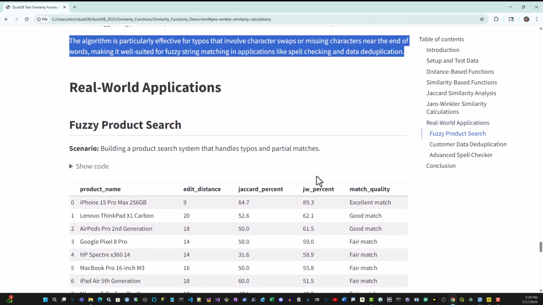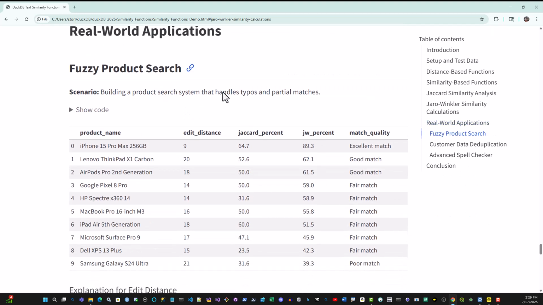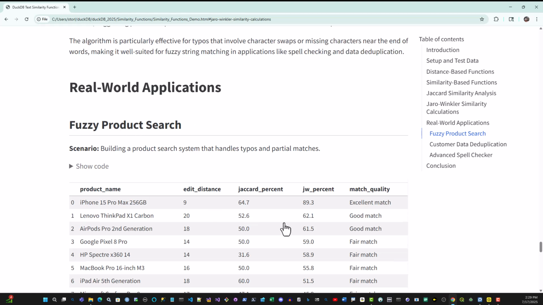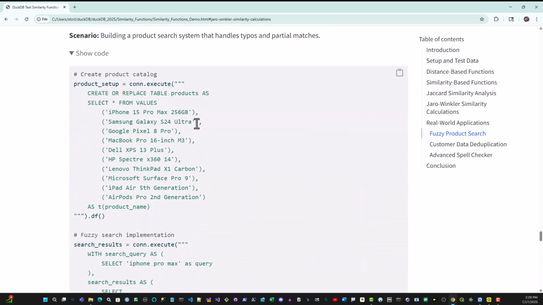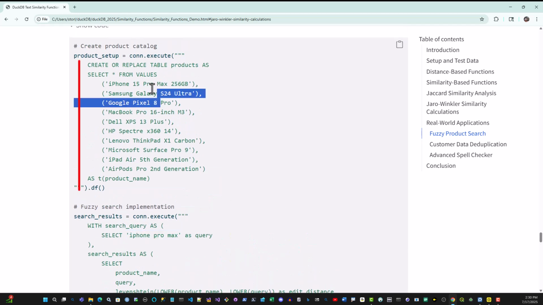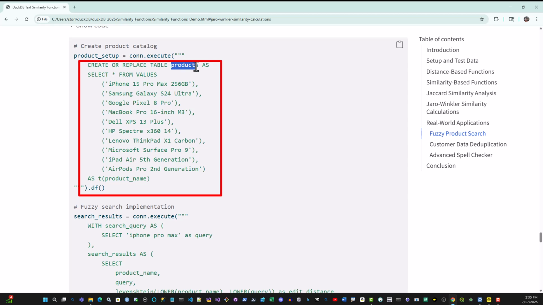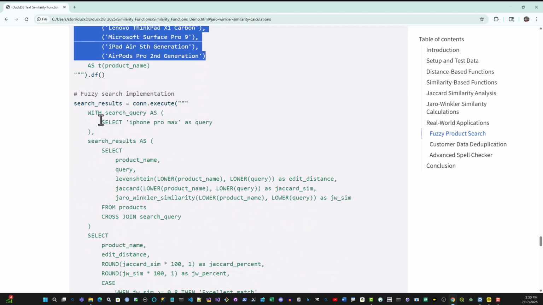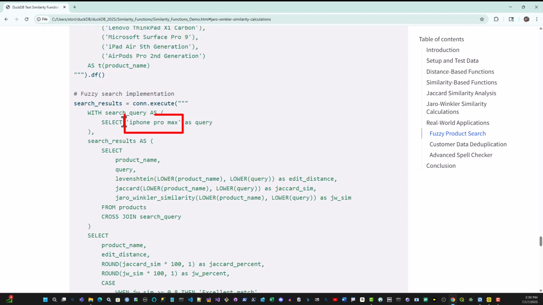Okay, very good. So here are some real world examples. This is a fuzzy product search. As you can see here, I have 2 tables. This one is a phrase, if you will, iPhone Pro Max. And then I have a table that I call products that has these values in it, okay? And then they're going to be compared to this text string right here.